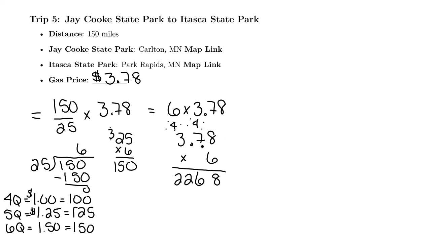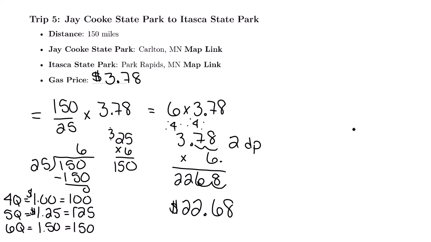Okay, how many decimal places do we have? We have 2 decimal places here. None here, because remember, here's our decimal place. So we're going to move 2 places. 1, 2. All right, so that is going to cost us $22.68.